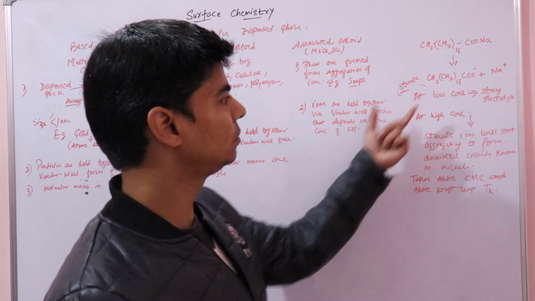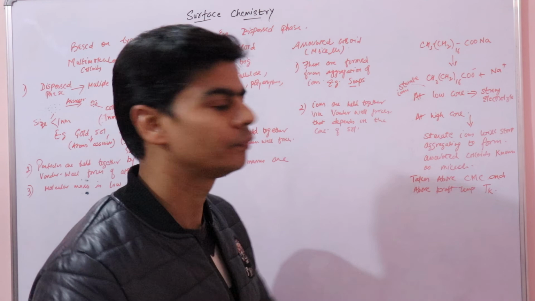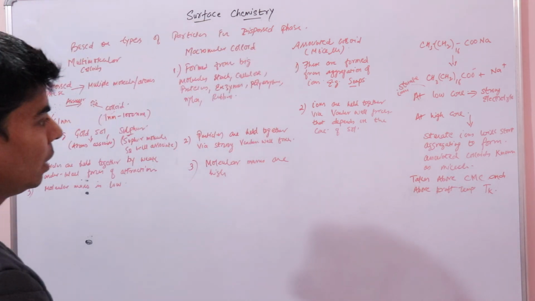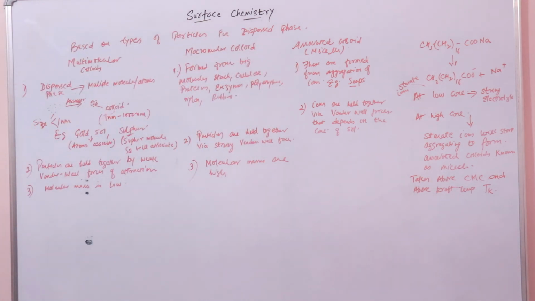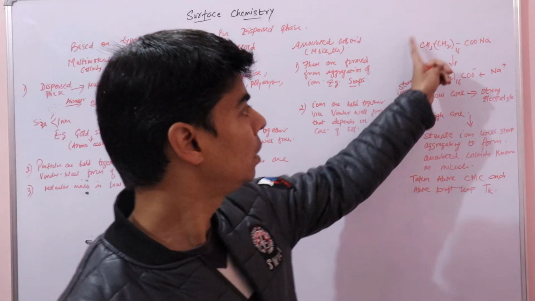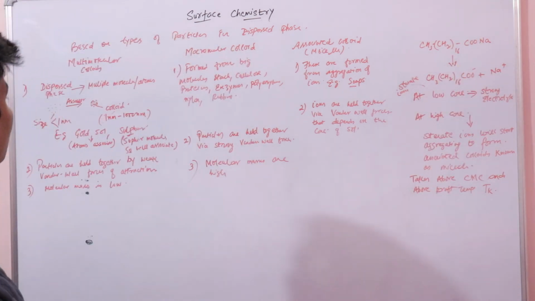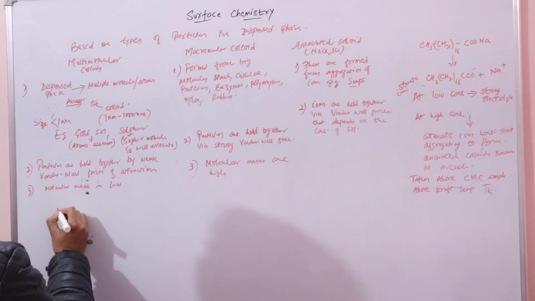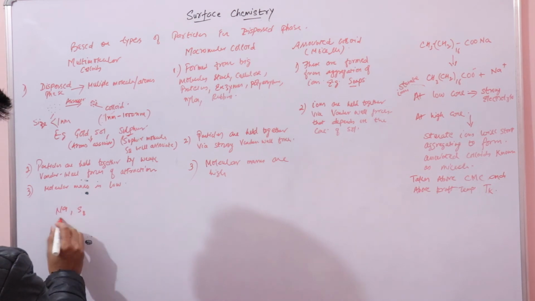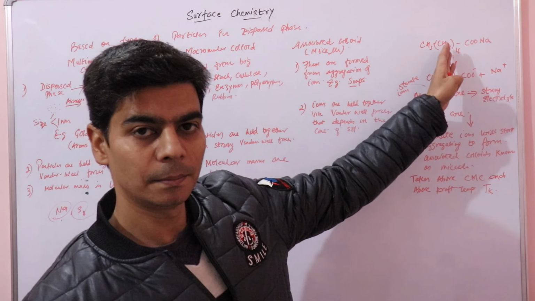Higher is the concentration, more would be the ions, so more ions means the van der Waals forces would be high. And what about its molecular mass? If you look at this molecule, it is quite big compared to sodium or sulfur, right.